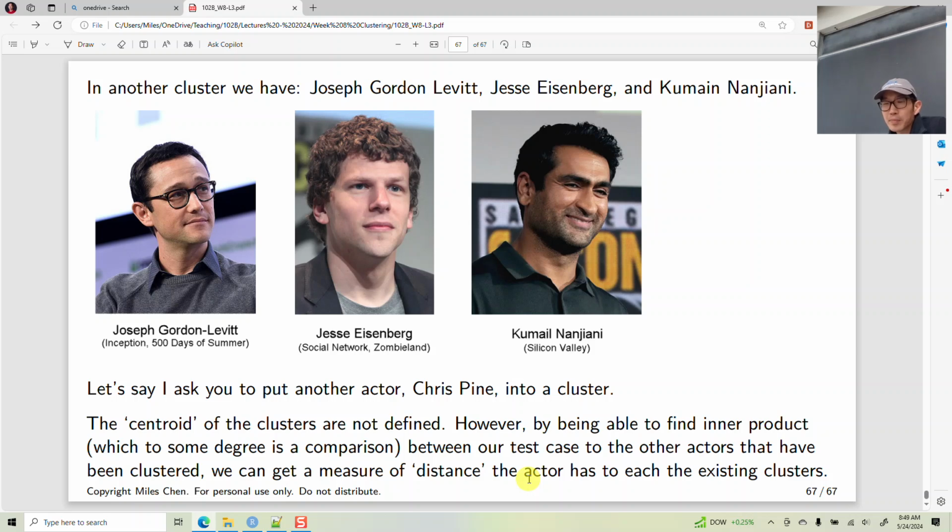But if you have a way to measure distance, some kind of metric, you might be able to find the distance between that point and every other point, and then calculate the distance to the quote centroid accordingly, despite not actually having calculated the centroid itself.